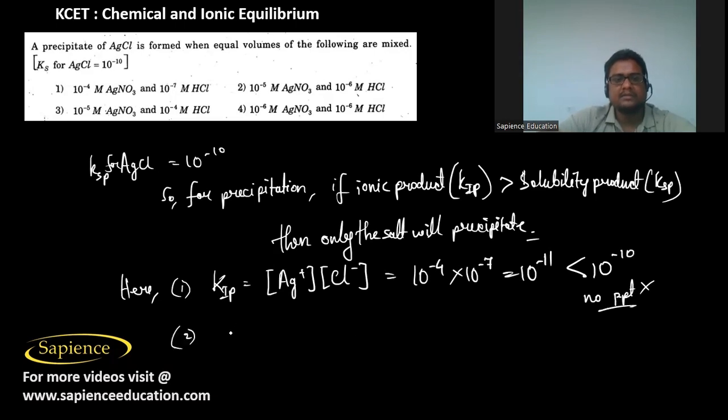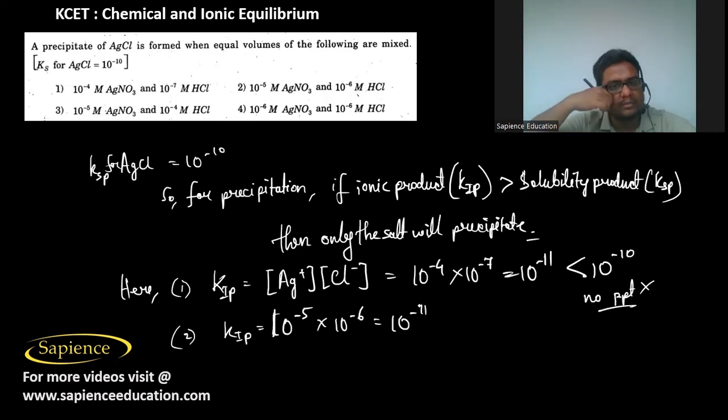In the second case, KIP, the ionic product, is equal to 10 power minus 5 into 10 power minus 6, that is 10 power minus 11 again, which is also less than KSP. So here also no precipitate will be formed.